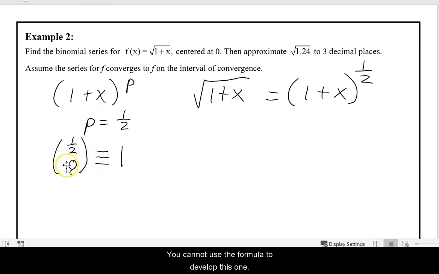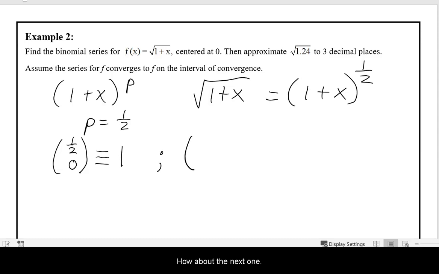You cannot use the formula to develop this one. Instead, you will just simply know that if the bottom number is a 0, it's defined to be 1. That gives us the first of the 5 we want to compute.